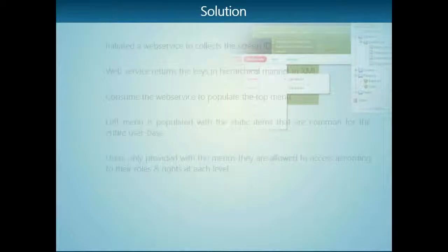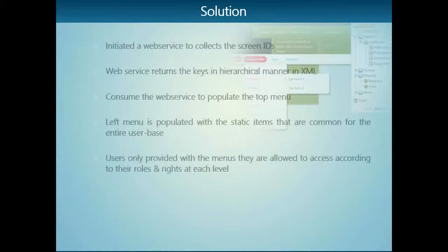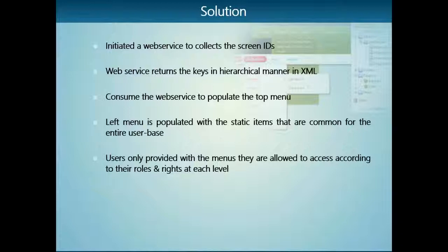Considering the fact that we had to tackle the whole roles and rights scenario, we studied the possible implementation of the menus in the HATS implementation. As we had observed, a few menu items are consistent across the board for each user, whereas a few are available to users with specific roles and rights.